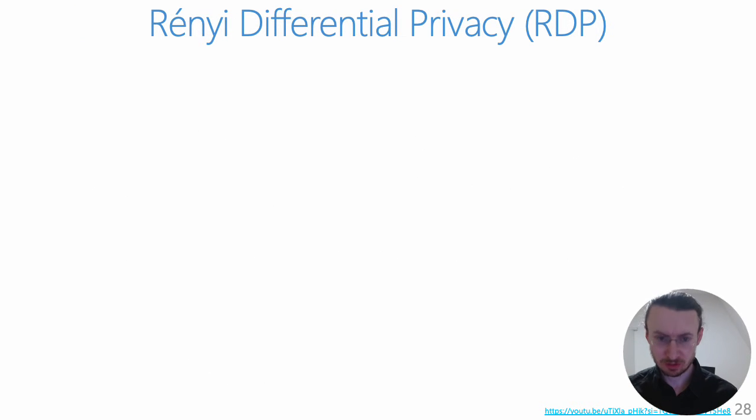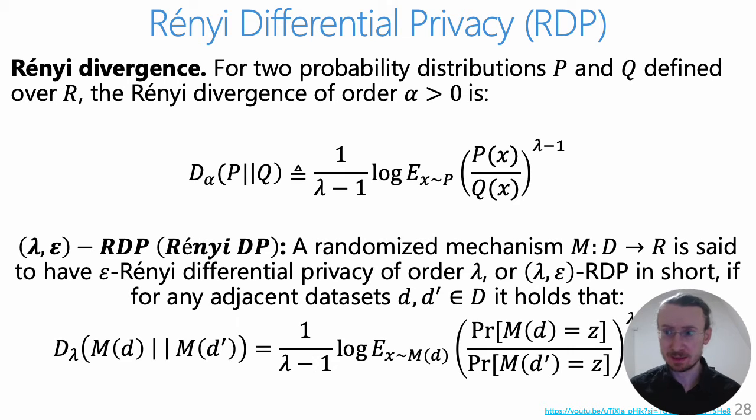Let us take the definition of Renyi divergence from the previous slide, and based on it, another relaxation of DP was defined. This relaxation is called Renyi DP, or in short RDP. The definition of RDP closely resembles the standard definition of DP. A randomized mechanism M is said to have epsilon Renyi differential privacy of order lambda, or lambda epsilon RDP for short, if for any adjacent datasets D and D prime, the inequality at the bottom of the slide holds.